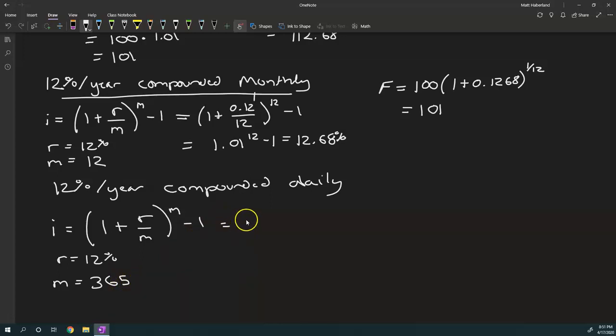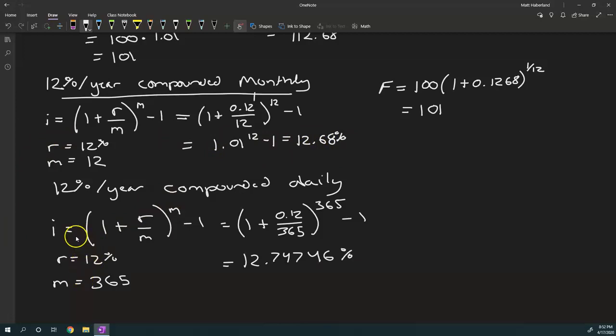So plugging everything in, we get 1 plus 0.12 divided by 365, all of that to the 365, subtract 1, and we get 12.74746%. And you'll see in a second why I wrote down so many decimal places. So a little bit more than compounding monthly, not a lot more.